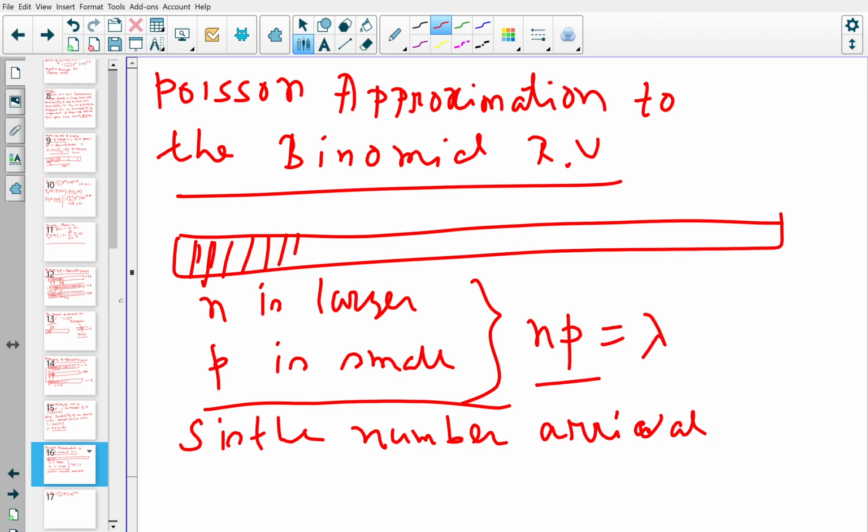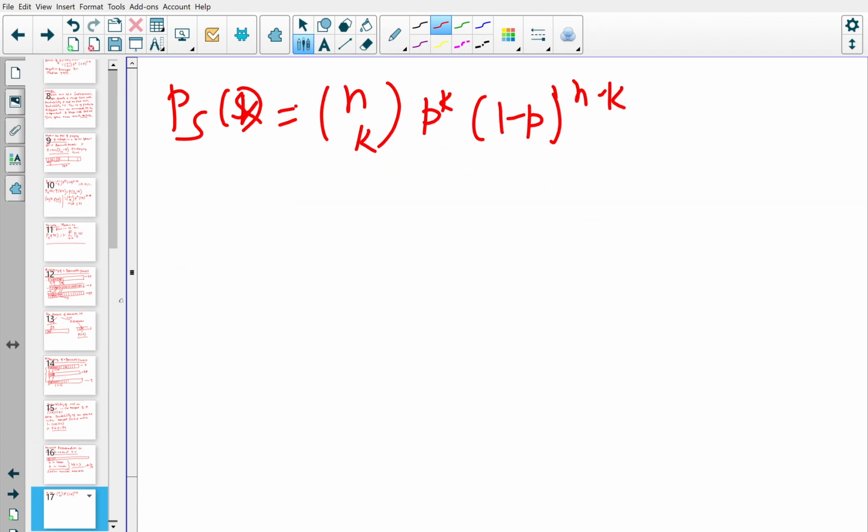Okay, so we will change it to lambda. How do we change it to lambda? Instead of p we write lambda by n, and then we check n tends to infinity, right? If we follow this process, then this converts to the Poisson random variable, and that is e power minus lambda, lambda power k by k factorial.